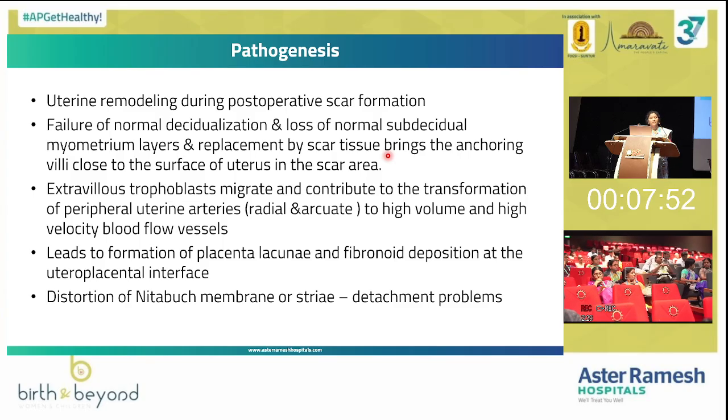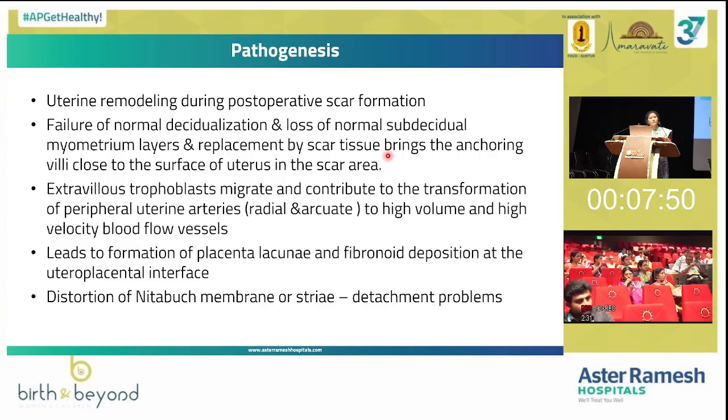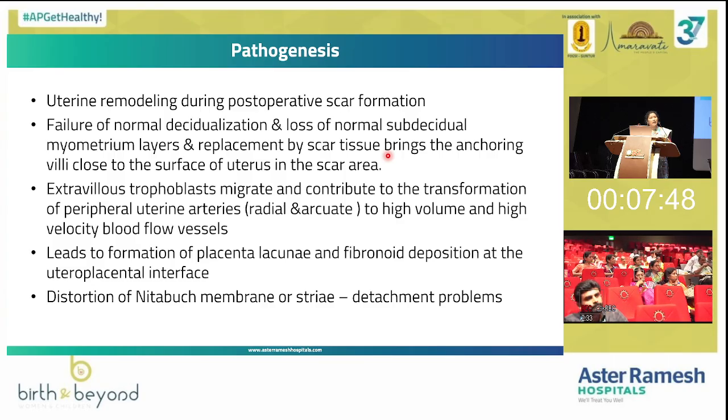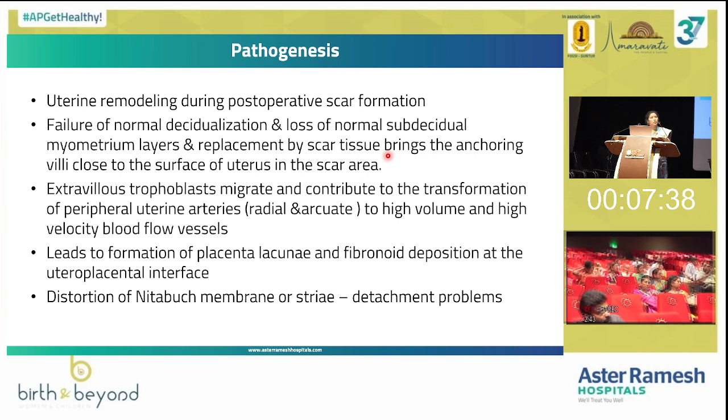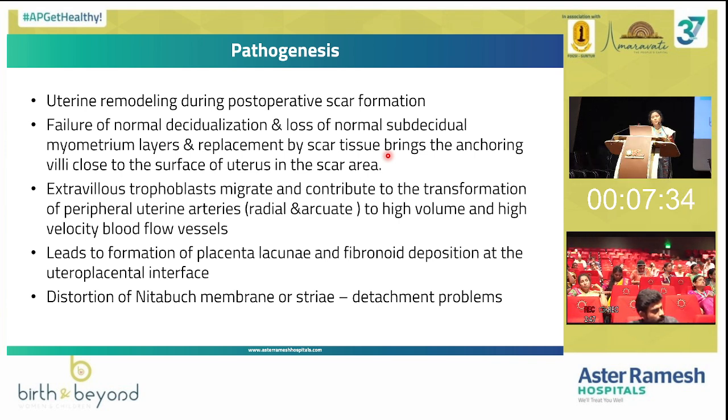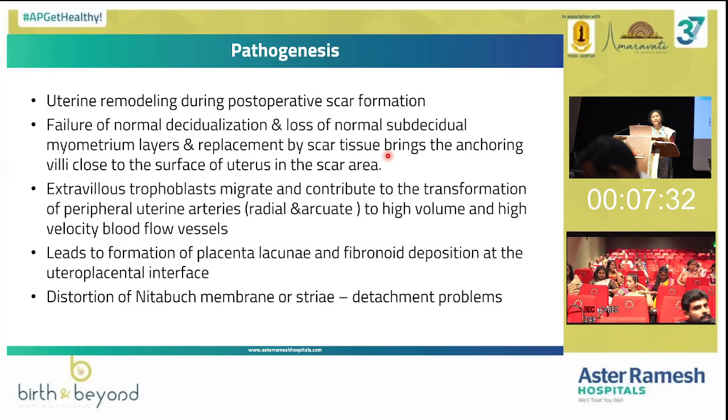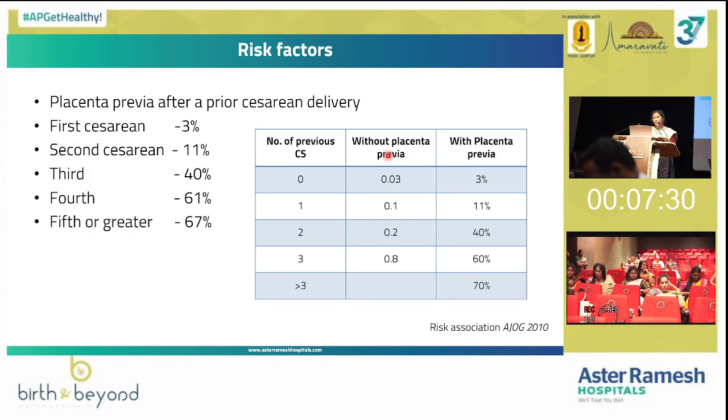The extravillous trophoblasts also transform into high volume and high velocity blood flow vessels, so vascularity will be high. That leads to formation of placental lacunae and fibrinoid deposition at the uteroplacental interface. Because there is no proper formation of Nitabuch's membrane, there will be detachment problems.